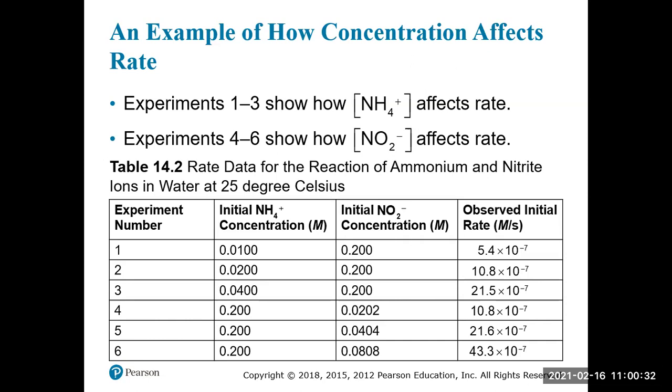And we see once again that we get approximately a doubling of the rate as well. So we have a feel now for how the concentration of the NH4 plus impacts the rate. Then what we would do is we would do the same thing with the NO2 minus concentration.